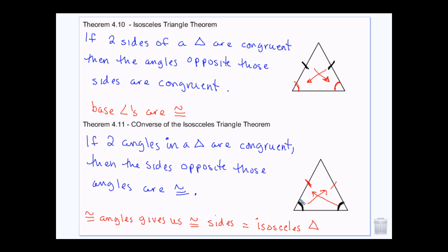Both of them are saying that the sides are congruent and the angles are congruent. It's just with the first one, you start with the sides to get the angles, and with the second one, you start with the angles to get the sides. But they both tell you the same thing, that those sides and those angles are both going to be congruent. Does that make sense? It's just moving in two different directions. So essentially what you have is an isosceles triangle has two congruent legs and two congruent base angles.